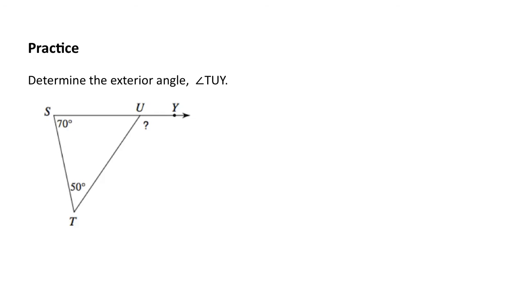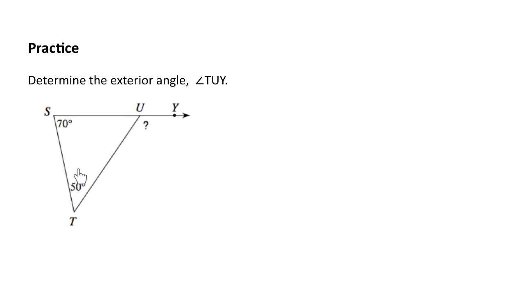So the quick way to figure this out would be to recognize that this exterior angle that we're looking for, well, we've been given information about the two interior opposite angles from this exterior angle. And one of the exterior angle theorems that we talked about previously states that you can take these two angles and add them together, and that will give you this exterior angle.